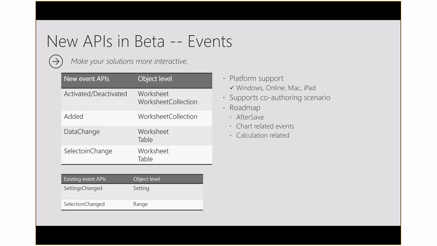For instance, we're working on after-save events, many of the chart-related events, and calculation-based events. So send us your feedback if you see anything that you think is needed for your solutions to work, or if you're missing anything important. We'll go over the forums through which you can share your feedback, and we're eager to hear it, and also eager to have you try out these APIs in your solutions and let us know how it works for you.